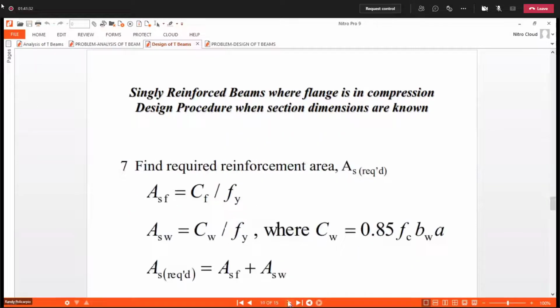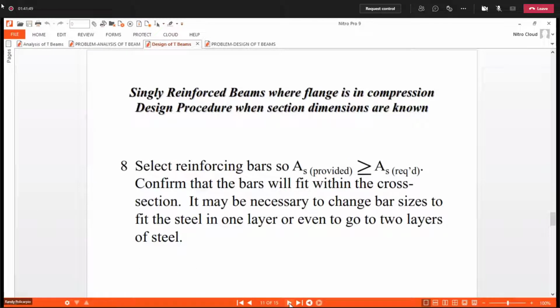And then you add this, that will be the As required. Ito yung reinforcement sa tension. This is the As required for our tension reinforcement. Okay, and then you may get now the number of bars by assuming a diameter, and then you get your As provided. Your As provided must be equal or greater than the As required. So to do this, kailangan mag-add ka ng 1 sa pagkuha ng As provided, o pagkuha ng number of bars.